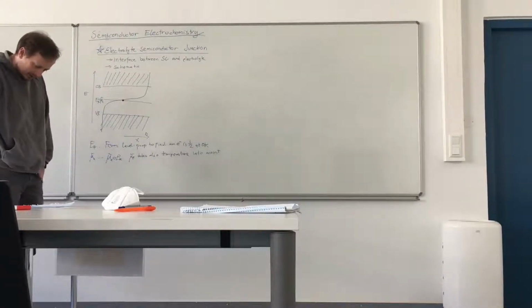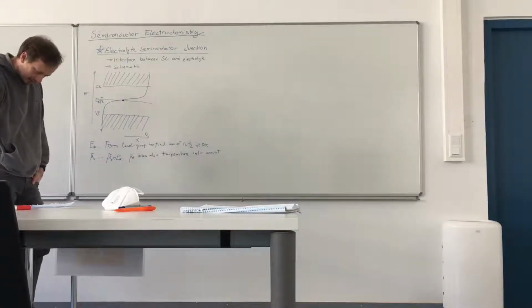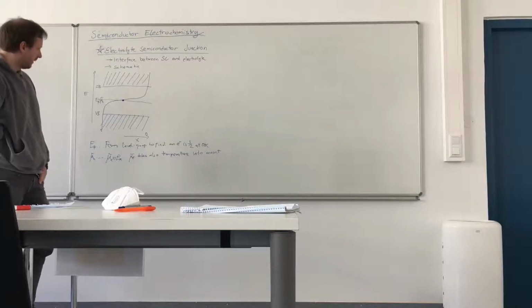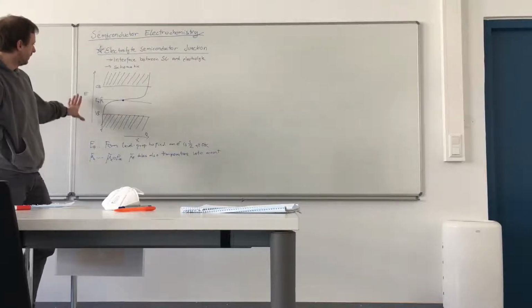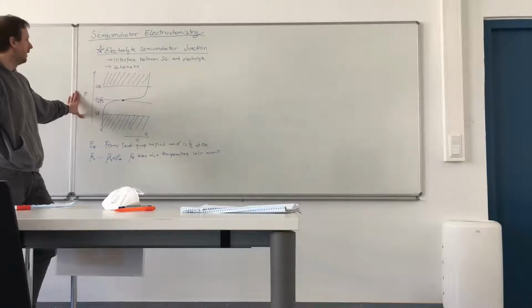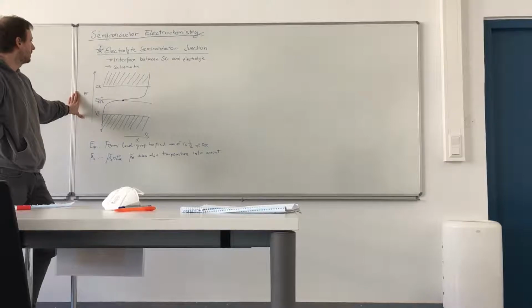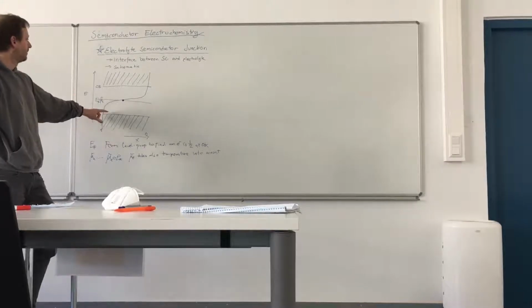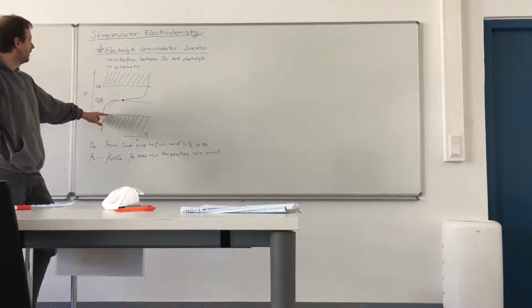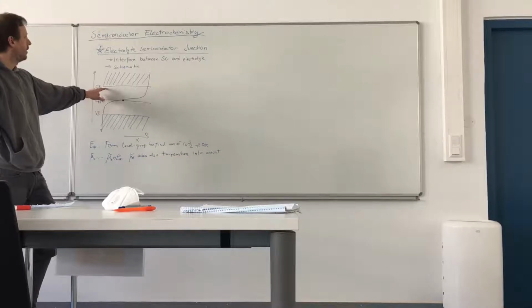Okay, so far so good. This is now the intrinsic case. So what does this plot mean? Let's say you have a semiconductor, and the semiconductor is characterized by its band gap, the difference between valence band edge and conduction band edge.